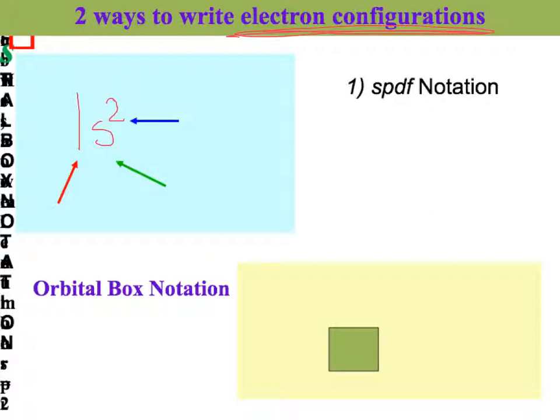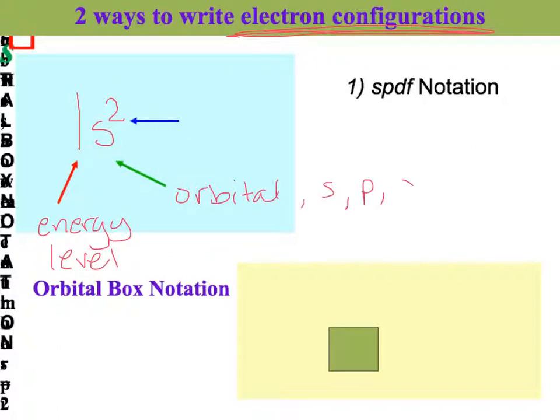The 1 tells us the energy level. The letter tells us the orbital, S, P, D, or F, and the exponent tells us the number of electrons in each orbital.